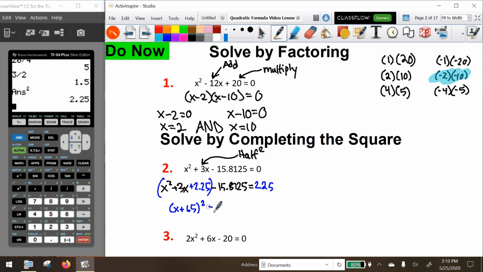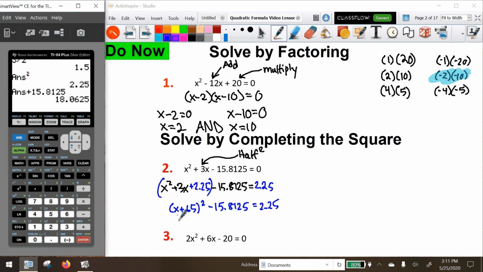And now we're going to get rid of that negative 15.8125 by adding it on both sides of the equal sign. And that is going to give us 18.0625.